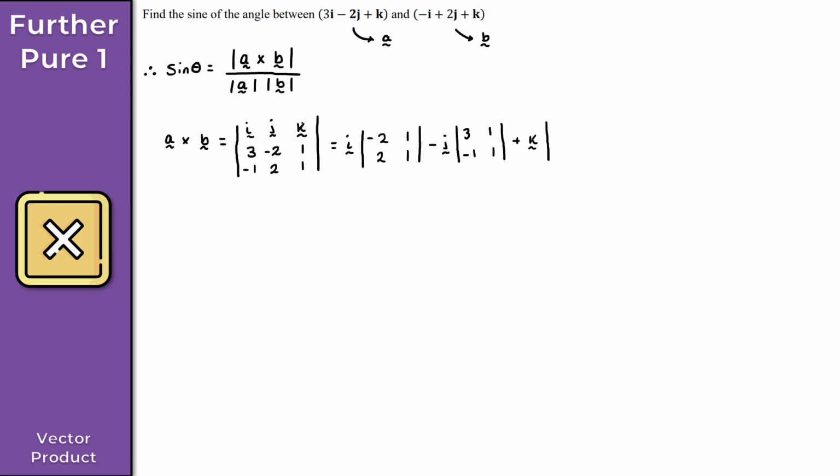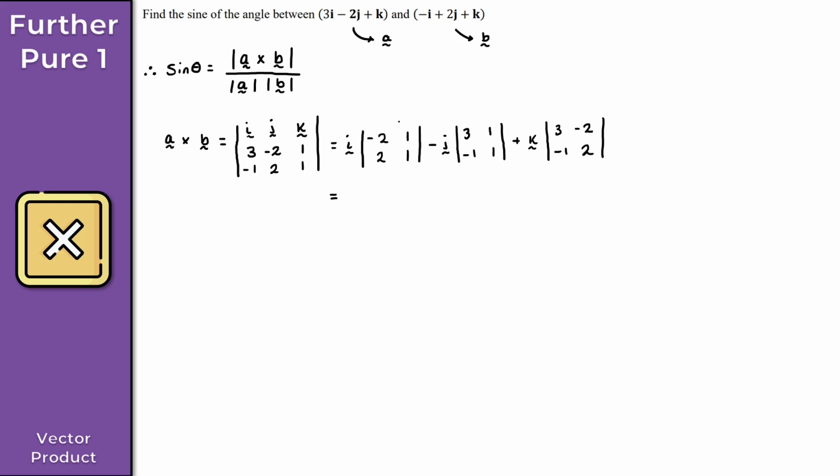Crossing off this row and this column, we get left with 3, minus 2, minus 1, and 2. Okay, like so. So let's just evaluate each 2 by 2 determinant here.